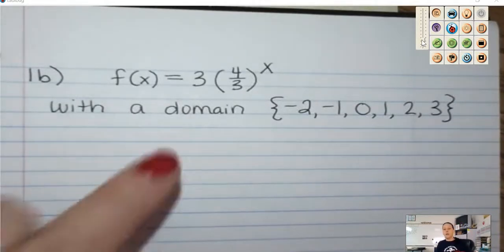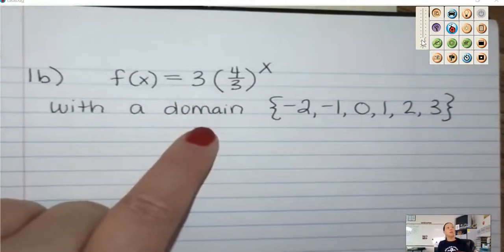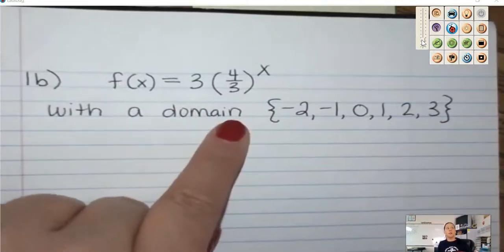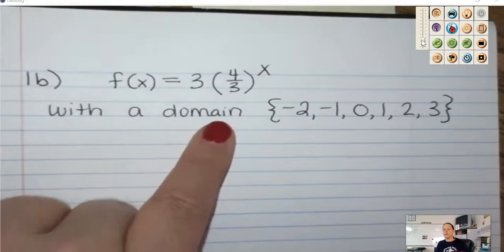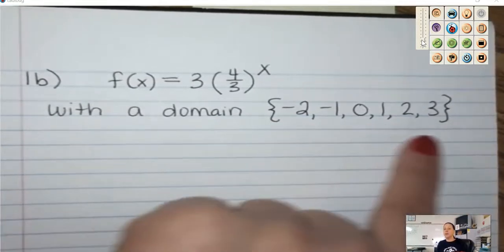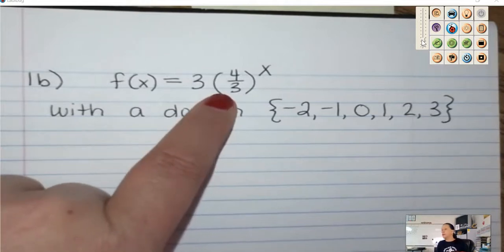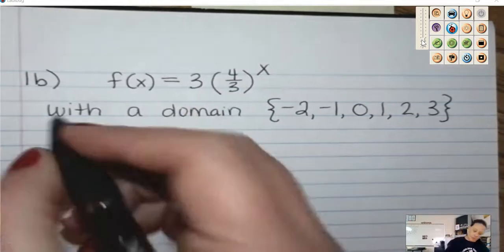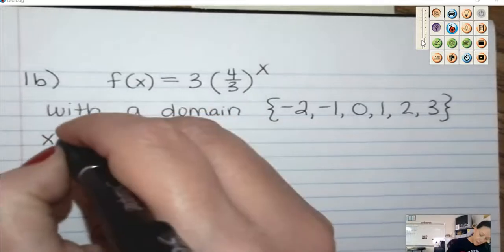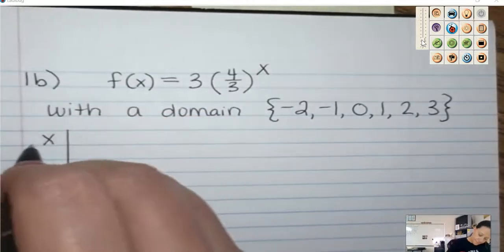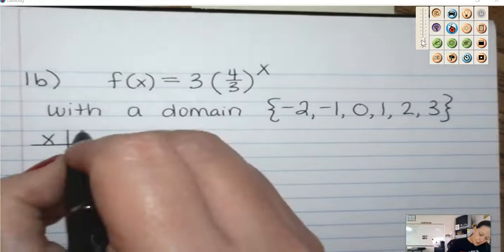So take this equation. I only want you to use these x values. Domain means x, so these are your x's. It only wants these x's. Go ahead and put this into your graphing calculator or put it into Desmos. Come up with your table of values. And then you're just going to graph only those dots.